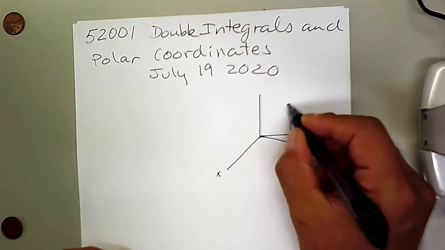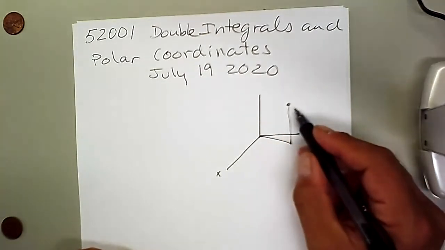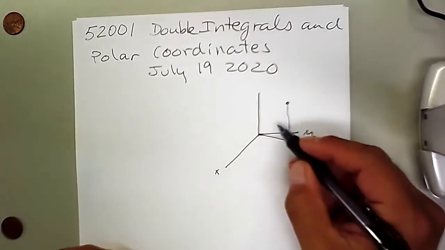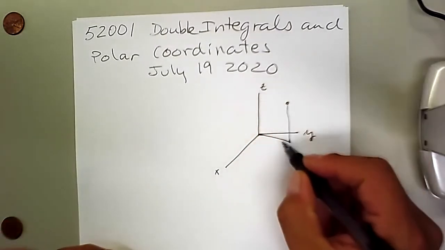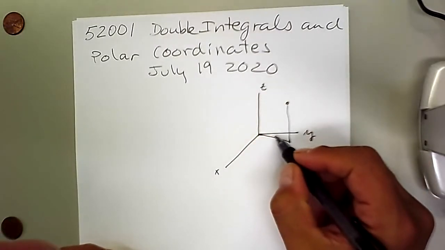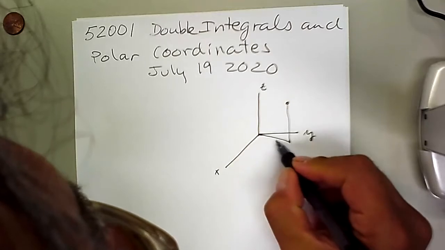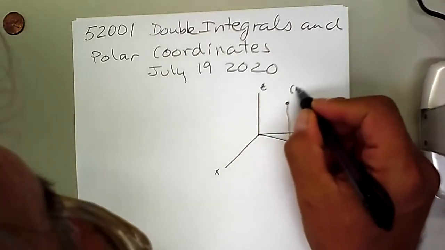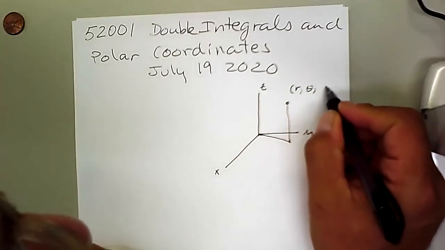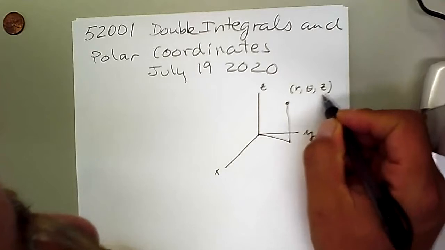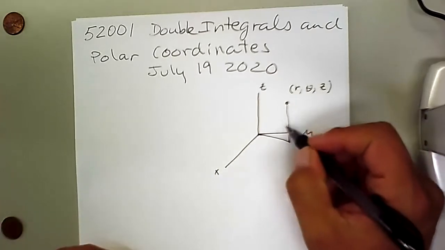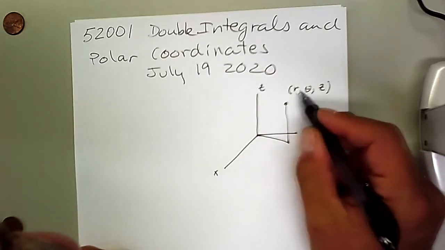So a point in 3 dimensional space can be denoted by r, theta, z. Z is the same as the z we already know. The difference is the first two.